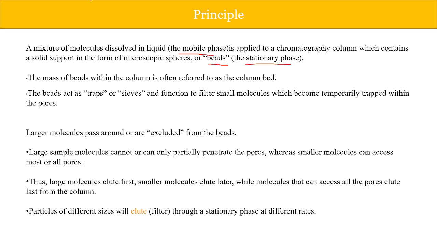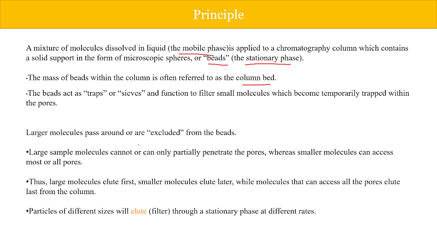Now the mass of the beads within the column is often referred to as the column bed, and the beads act as traps or sieves and function to filter small molecules, which become temporarily trapped within the pores. Different proteins of different molecular weights get trapped within these beads or pores. Now the larger molecules pass around, so the exclusion limit is known to you, because when the instrument comes to you, you are aware of that exclusion limit.